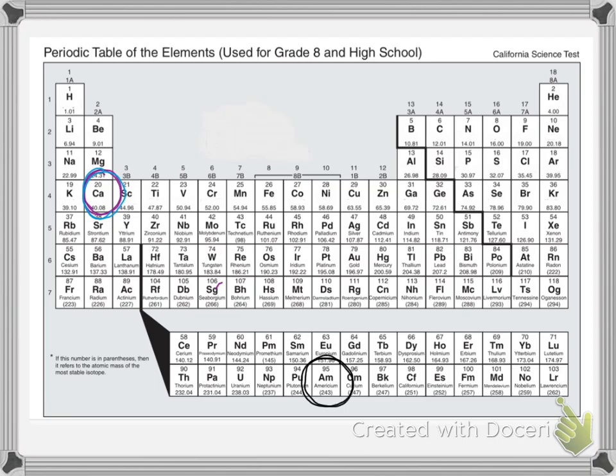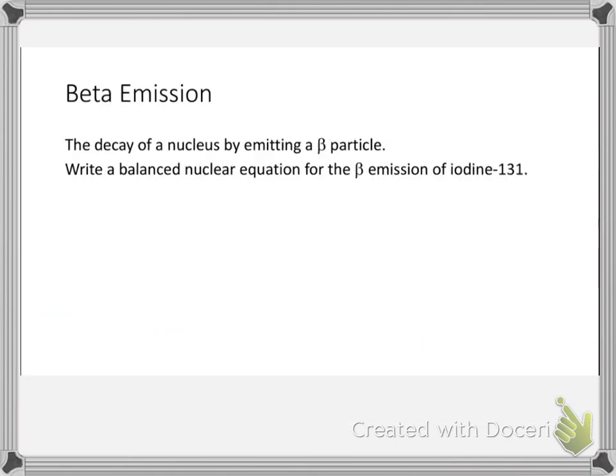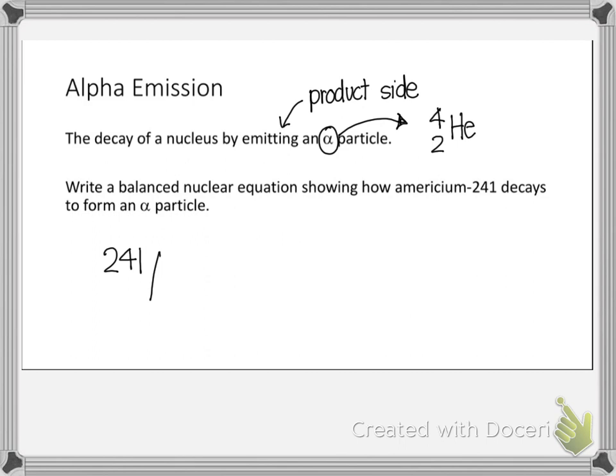And sometimes we're going to have elements that are down here in the inner transition metals. So you might have to search around a little because they're not ones that we're used to looking at. So the symbol's Am and it's element 95.